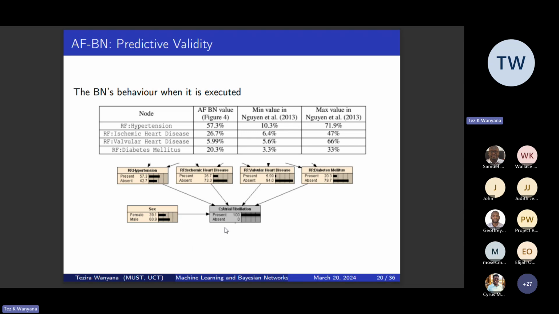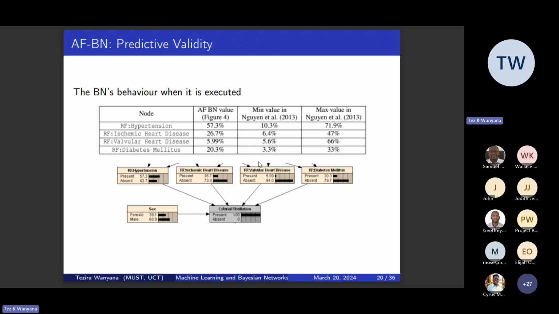We are not considering the P wave node at this point, but just a case where atrial fibrillation is 100% present. If AF is present, we see the behavior of the rest of the nodes, and we are able to compare those with the values in the literature. But because of population issues, different populations respond differently, so depending on the population you're working with, your figures have to fit within a certain range.